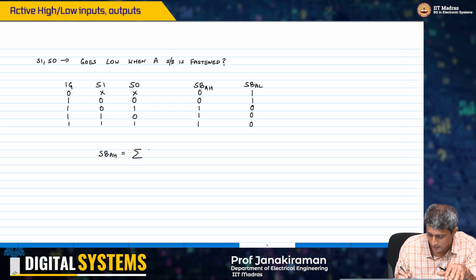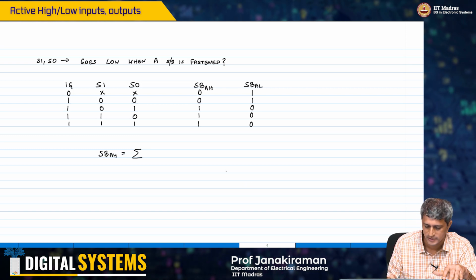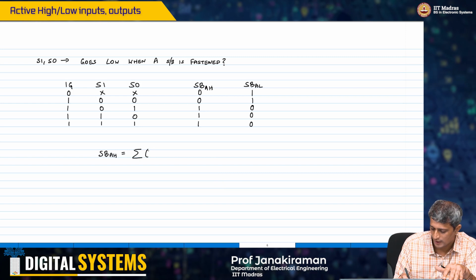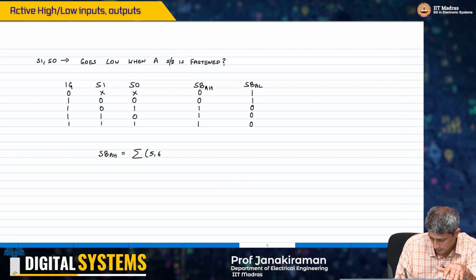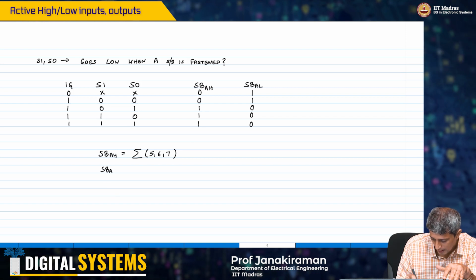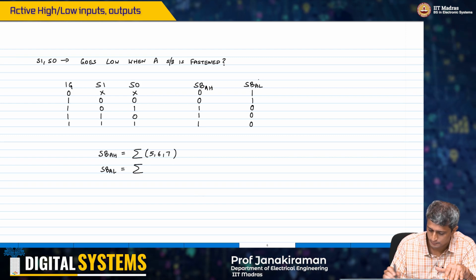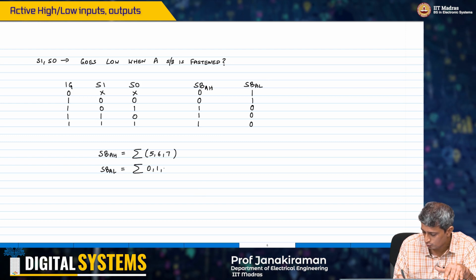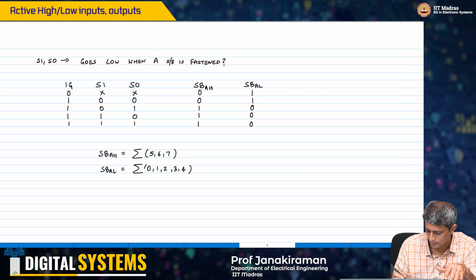is going to be, so we have, this is a 3 variable Karnaugh map, so 8 combinations. So I can say sum of 5, 6, 7, and SB active low is going to be summation 0, 1, 2, 3, 4, right?